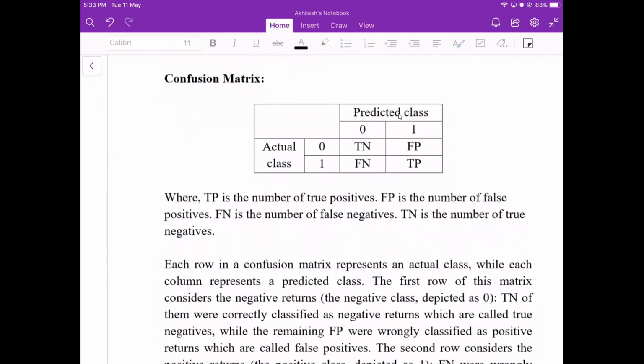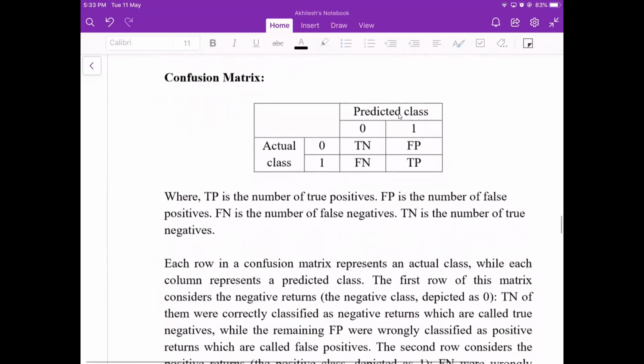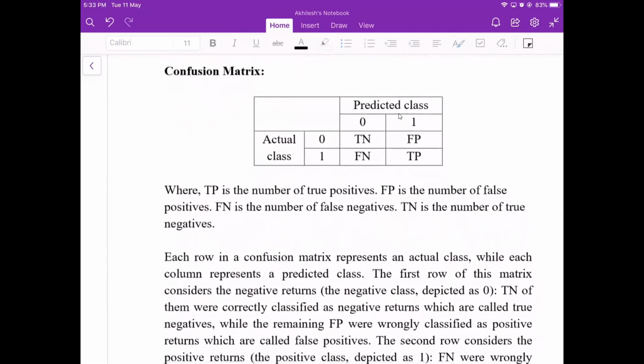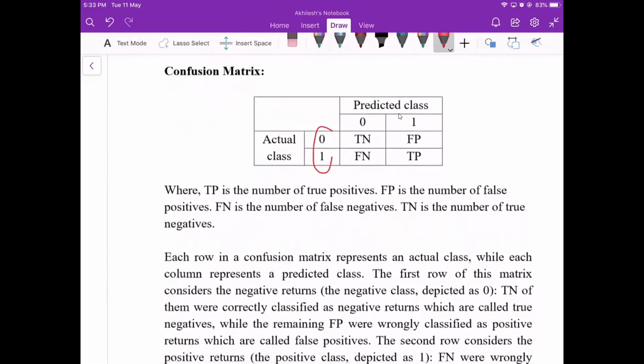In the confusion matrix, this is the actual class 0 1, 0 is the negative class, 1 is the positive class, and this is the predicted class.